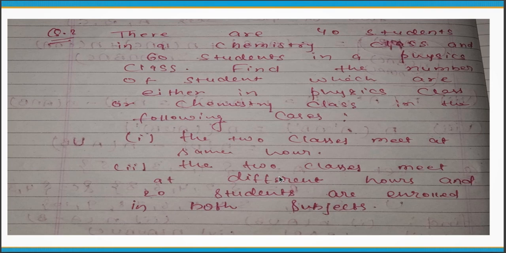Now if the two classes meet at different hours, when the two sets are different, then 20 students are enrolled in both sets, meaning 20 students are in both classes.